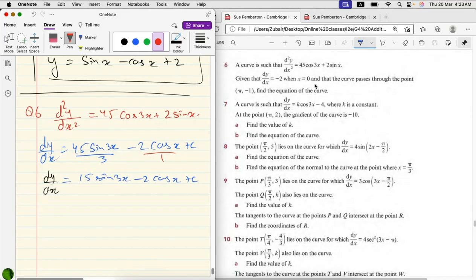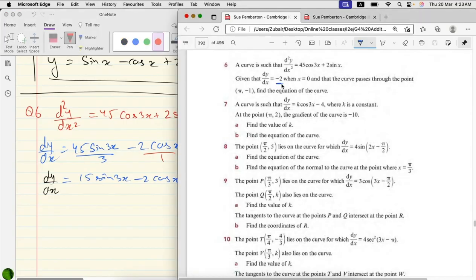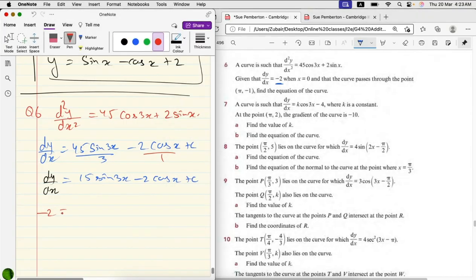Then we have this first condition, that dy by dx is minus 2 at the time when x is 0. So this is 15 sine of 0 minus 2 cos of 0 plus c. So sine 0 is 0 and cos 0 is 1.